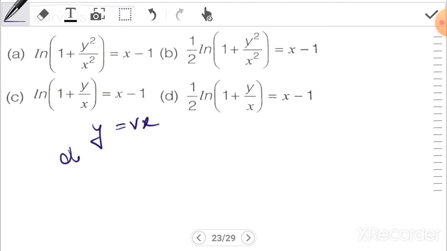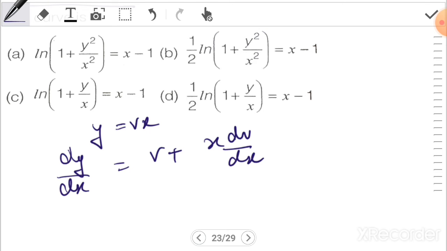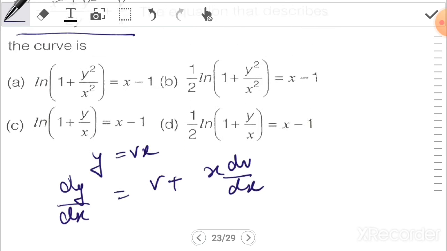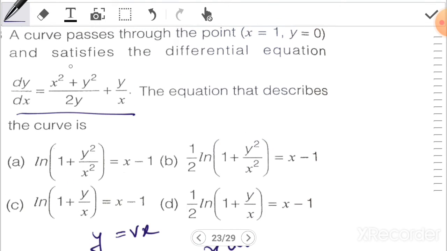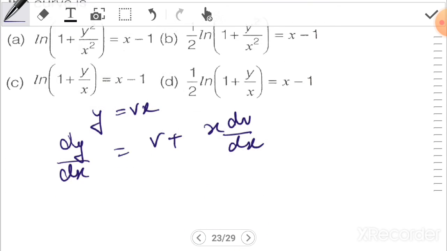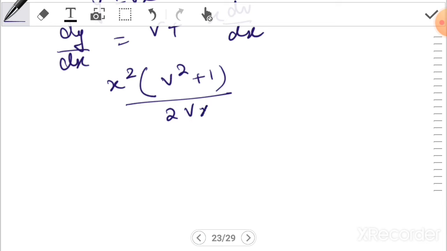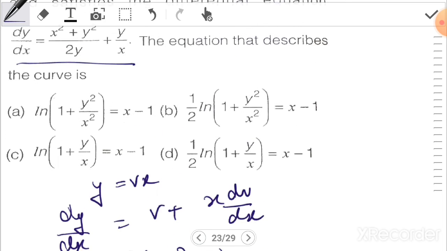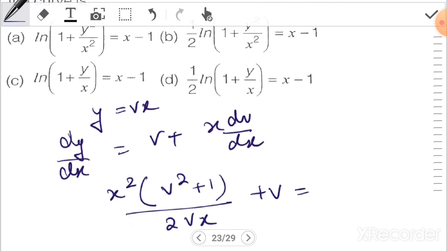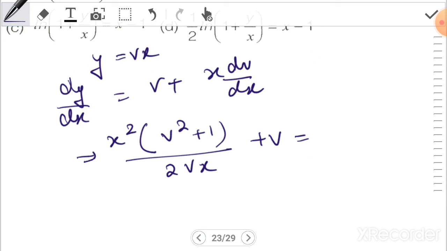Then dy by dx is equal to v plus x dv by dx. Then putting y is equal to vx in this equation, we have x square v square plus x square, that is taking x square common, x square (v square plus 1) by 2 times vx plus v is equal to dy by dx, or dy by dx is equal to v plus x dv by dx.